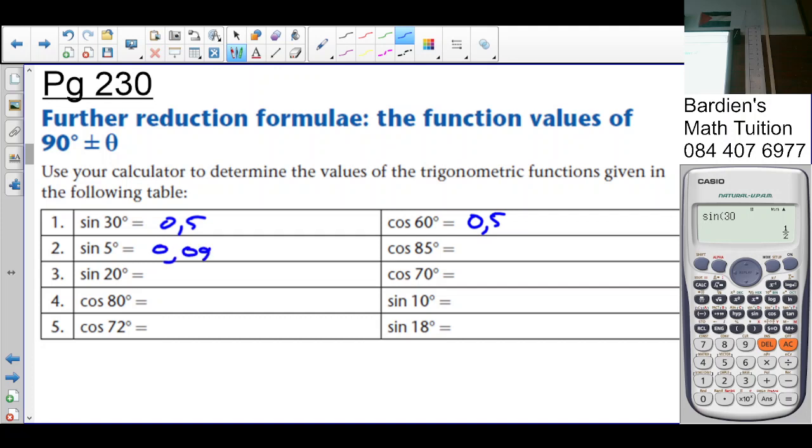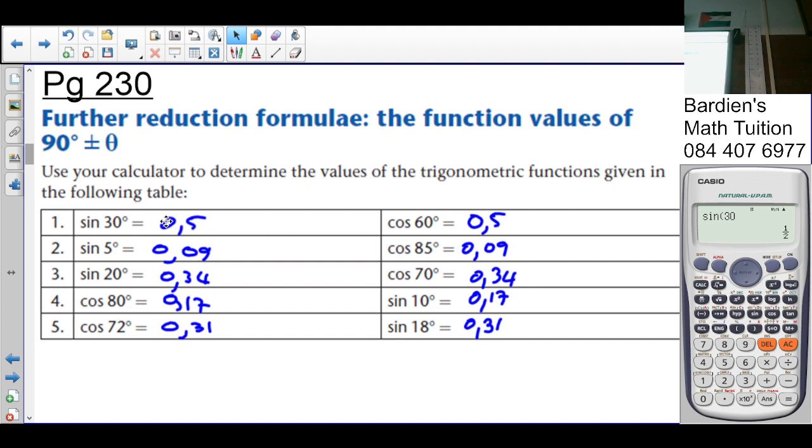Sine of 20? Cos of 80? Cos of 72? When you see cos of 85, you got 0.09. Cos of 70, you got 0.34. Sine of 10, you got 0.17. Sine of 18, you get 0.31.